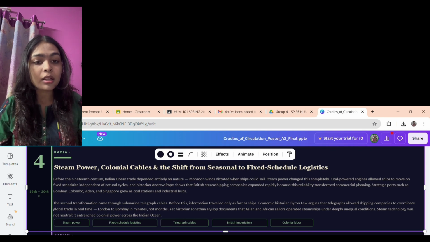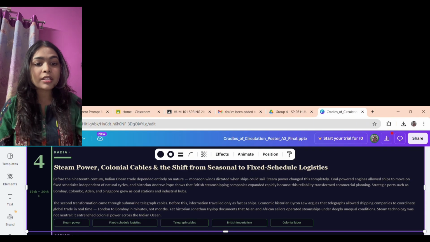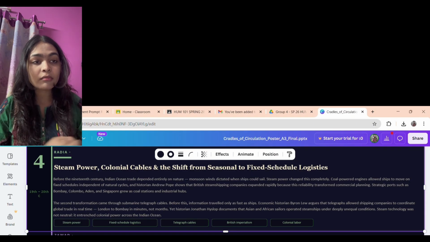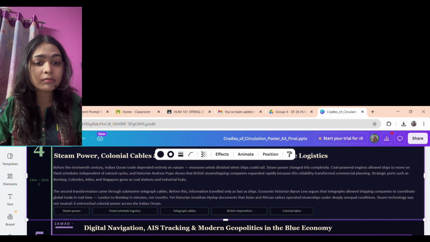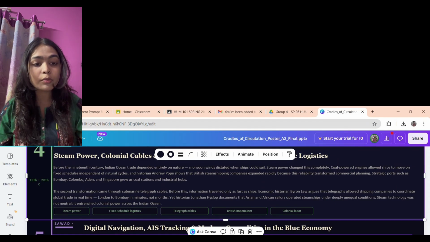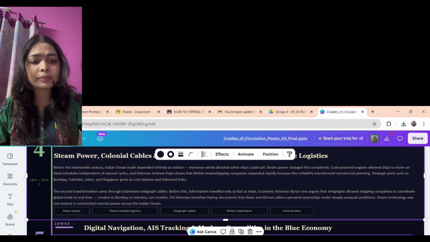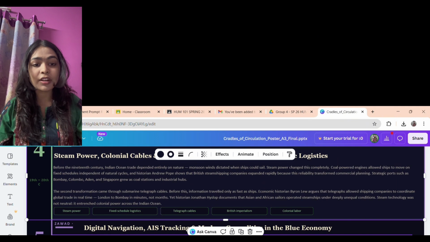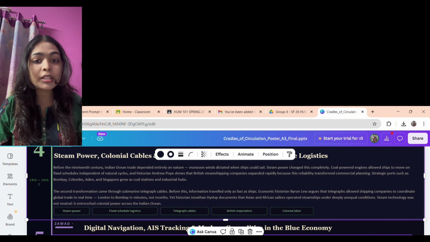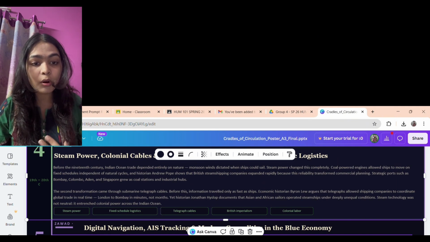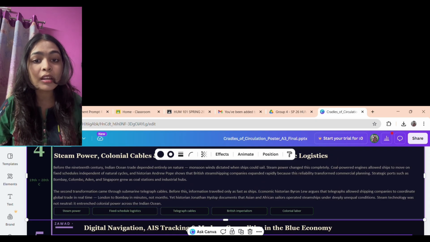Earlier maritime trade networks were relatively flexible, because merchants adapted to monsoon cycles, but steamships required expensive industrial infrastructure such as coaling stations, modern docks, repair facilities, and imperial naval protection.